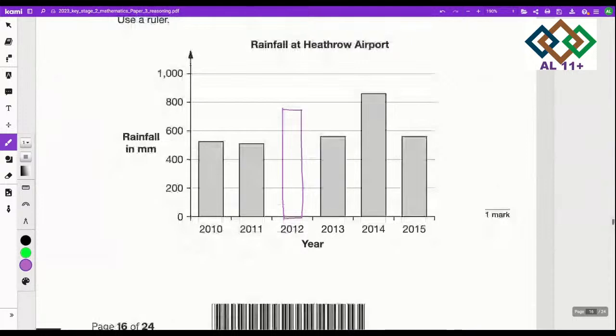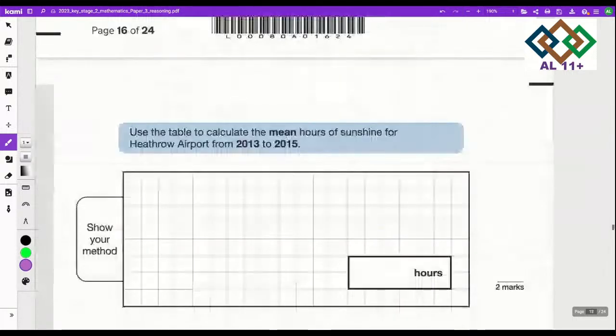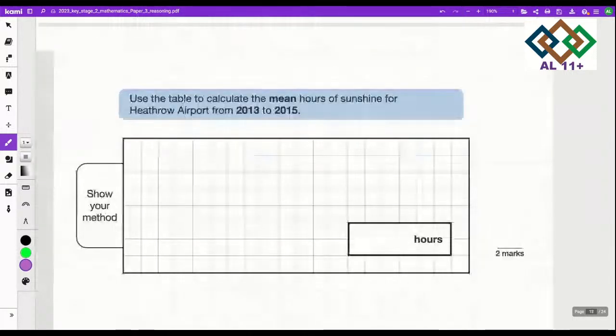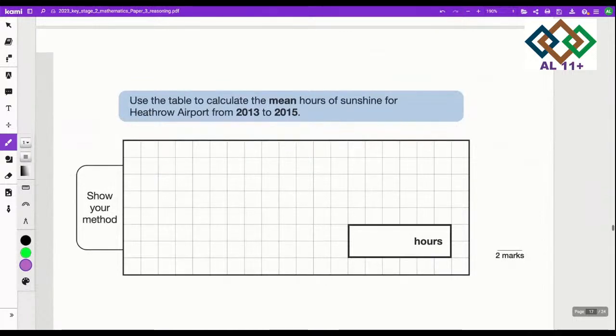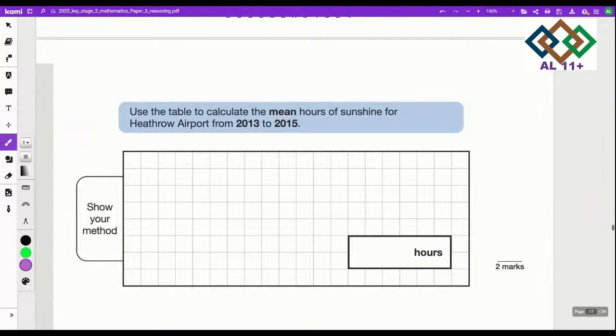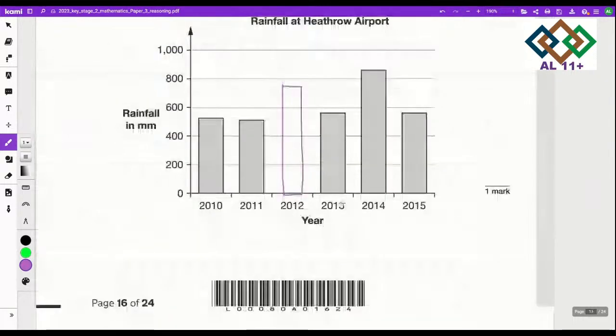And there's another B part. Use the table to calculate the mean hours of sunshine for Heathrow Airport from 2013 to 2015. 2013, this one here, to 2015.